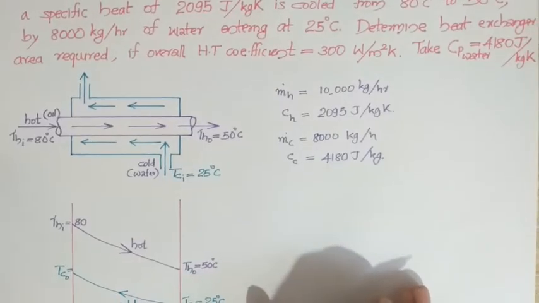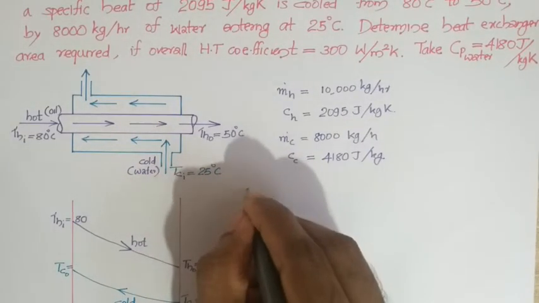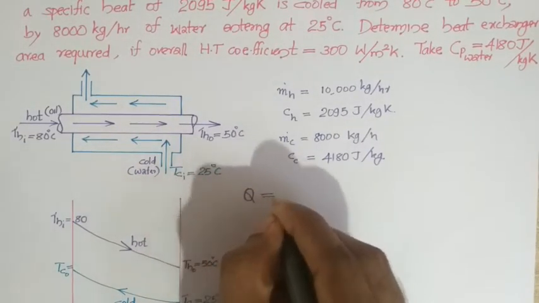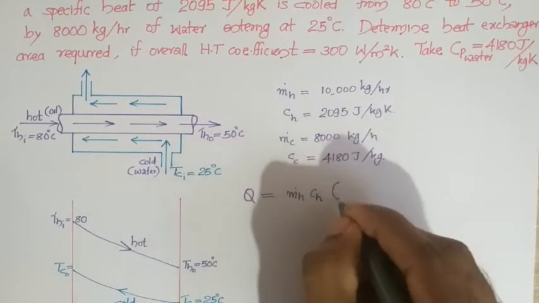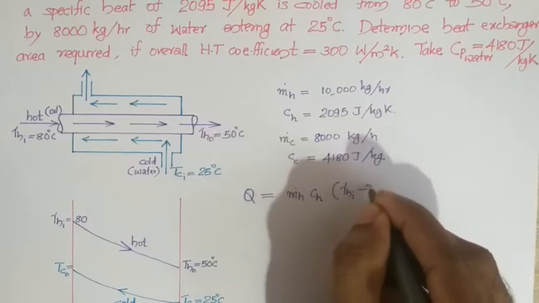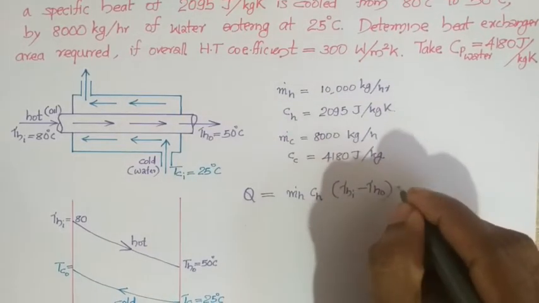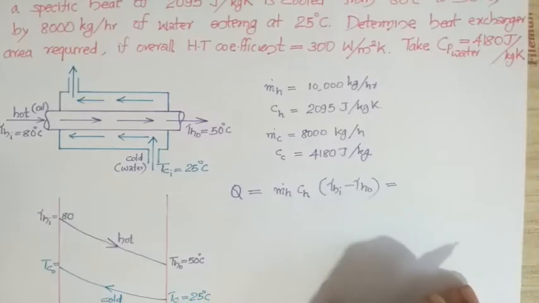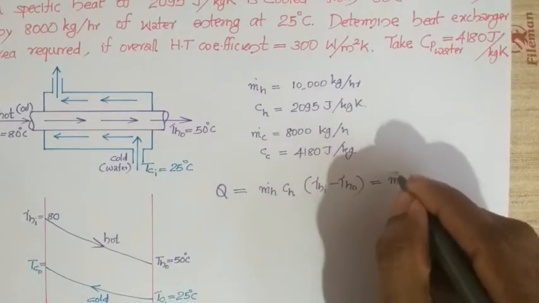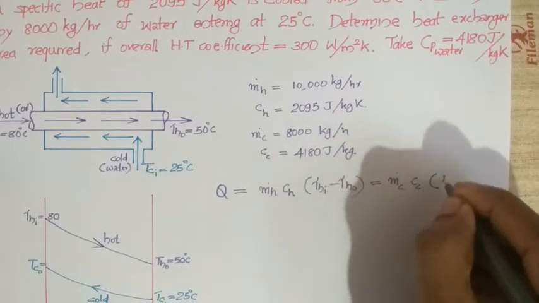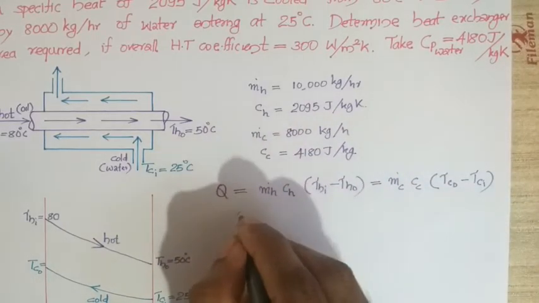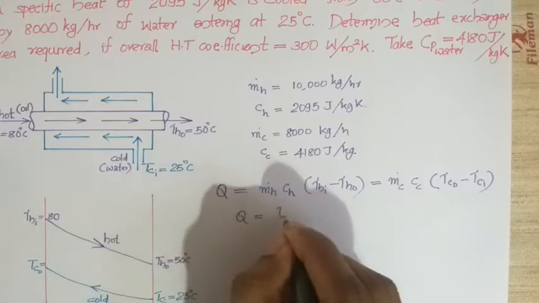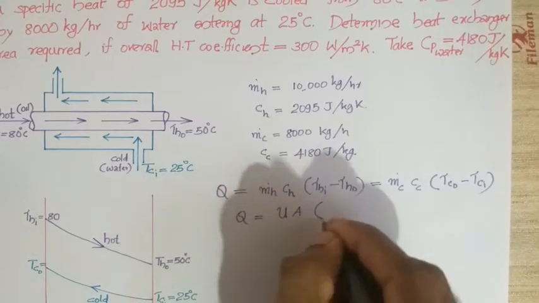We know that the amount of heat lost by hot fluid, Q equal to m dot h Ch into Thi minus Tho, will be equal to heat gained by the cold fluid, which is m dot c Cc into Tco minus Tci, and this Q is equal to U into A into LMTD.